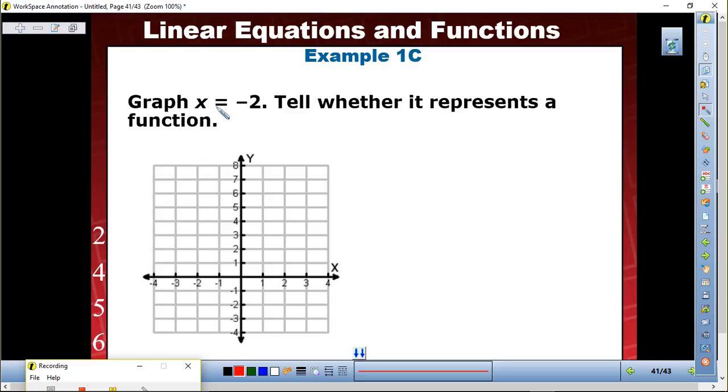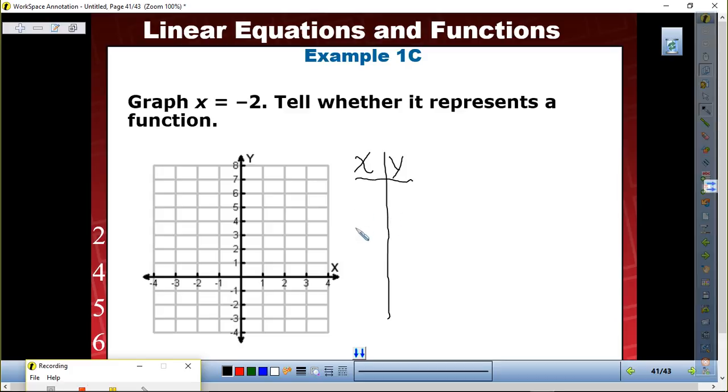Example 1C, graph x equals -2, tell whether it represents a function. To the right of the graph, I want you to make a table, x, y. However, for this one, I'm going to write my domain, but make sure you write it in pencil because we're going to erase.